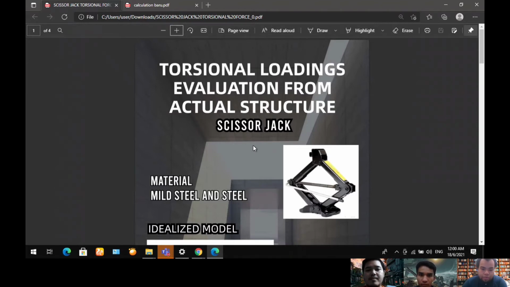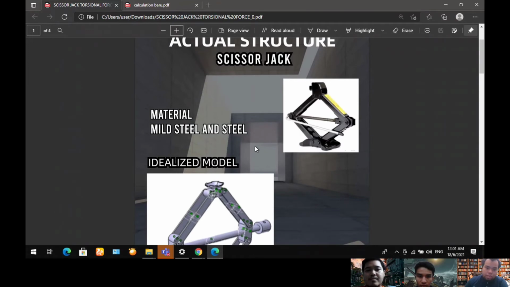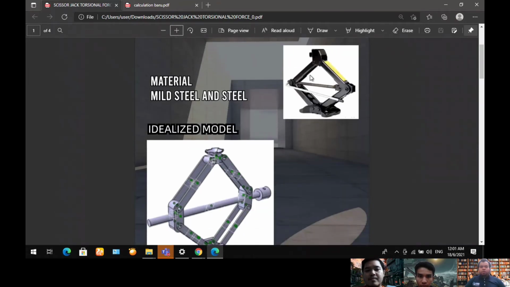For the first section, we will show the actual structure of our group title, which is the scissor jack.